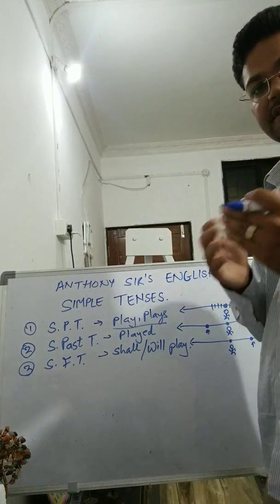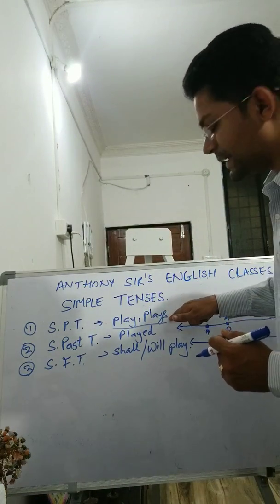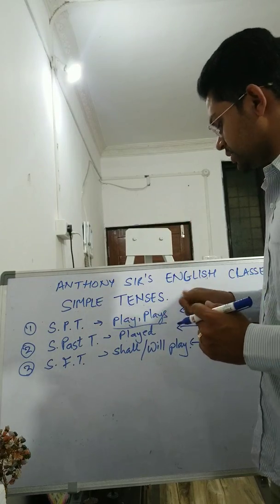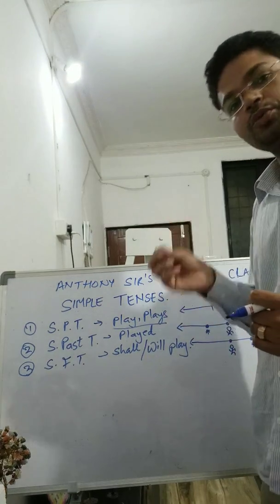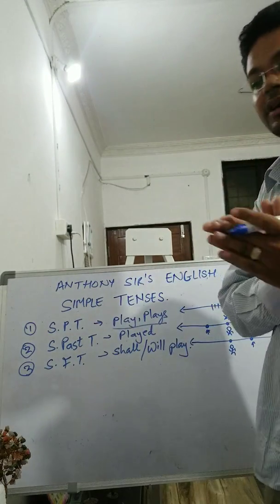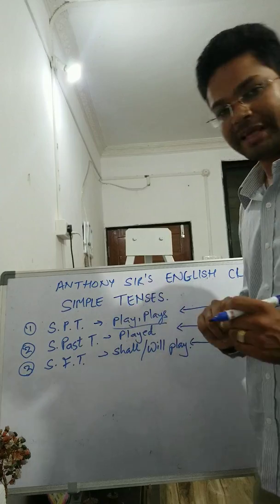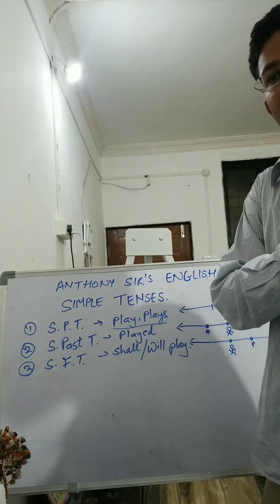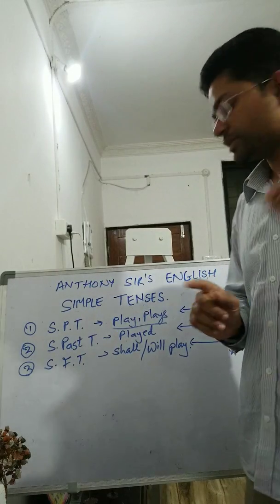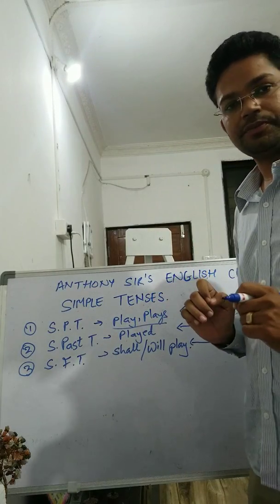With third person singular, we put plays. You understand? With third person singular, we put s after the verb. And with other pronouns or other nouns, we use only play. With most plural pronouns, we use play, and with third person singular, we use s after the verb.